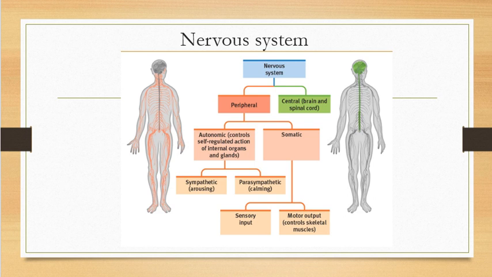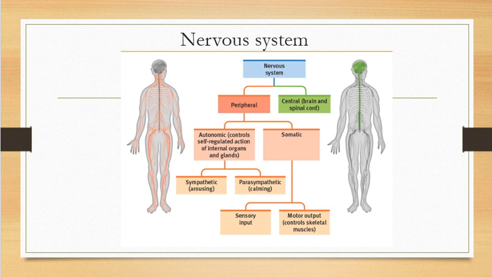Peripheral, as the name indicates, is something associated with the peripheries of the central nervous system. The periphery is composed of different clusters of neurons. And what is a neuron? This will be covered in our next slide.